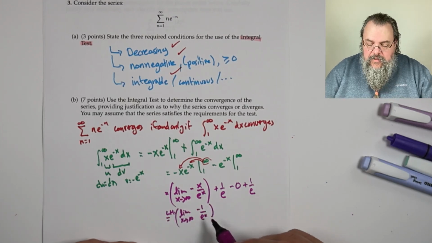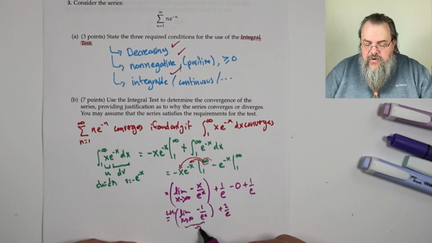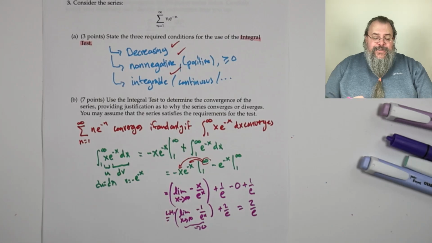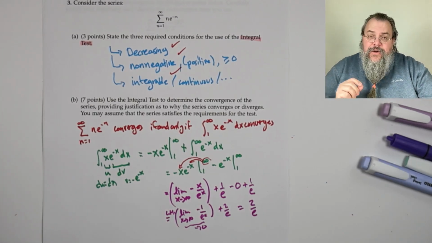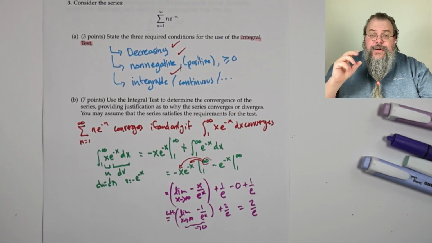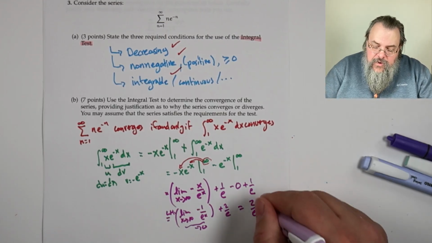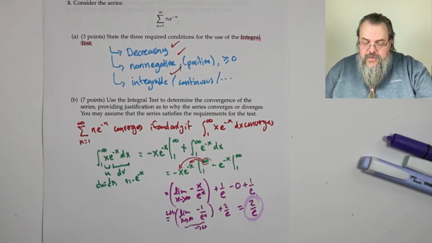Well, we have e to the x downstairs, a minus 1 upstairs, and everything else is 2 over e. This part goes to 0, and so we end up with 2 over e. Now, the number doesn't matter. The fact that it's 2 over e, we don't care that much. What we care about is, is it finite or not? And it's finite. So we got an answer. That tells us the integral converges.